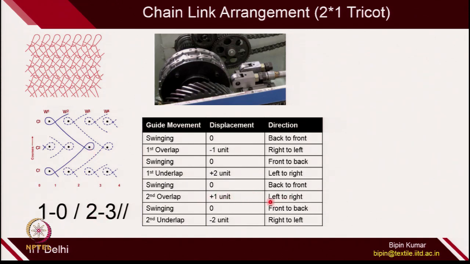So second overlap left to right, because 2 to 3 is plus 1 unit, and once it reaches the third position it stays there, does the swinging to go from front to back position, and then it does the underlap from 3 to 1. This is the second underlap, minus 2 units, right to left direction.